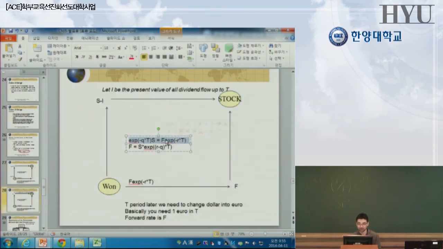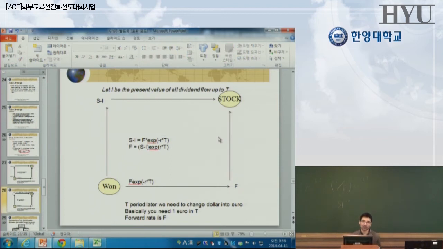S minus I equals F exponential of minus R multiplied by T. Therefore, we move this over, and F equals (S minus I) exponential of R multiplied by T. Okay, so we have the formula.